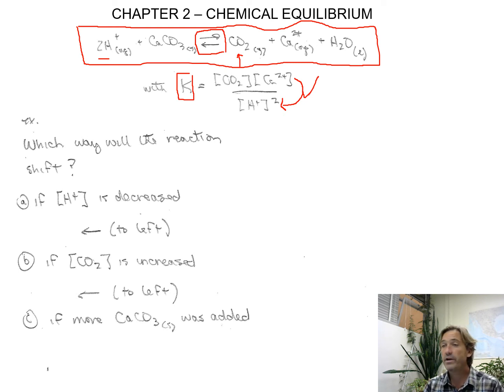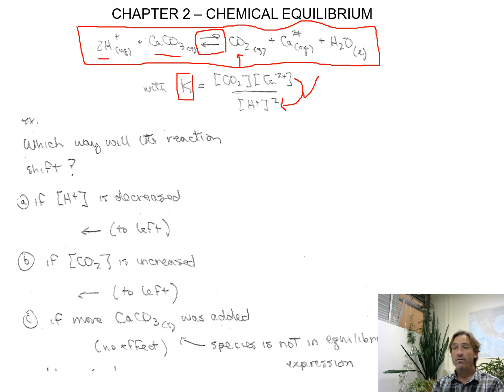What if we add more calcium carbonate to the system? So here's our calcium carbonate, but our calcium carbonate is not a part of our equilibrium expression. Adding a little bit more calcium carbonate is not going to affect the equilibrium, because essentially at equilibrium the amount of calcium carbonate is not changing.